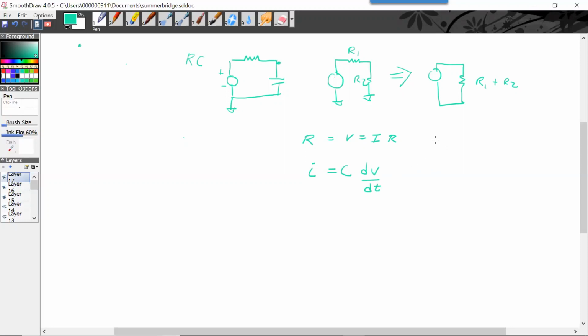All right, so if we have the resistor and we have the current flowing in that direction, we have VR plus or minus, and then we have these guys right here. In terms of capacitance, we still have the current in that direction.